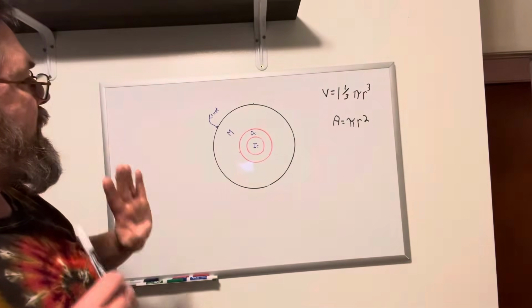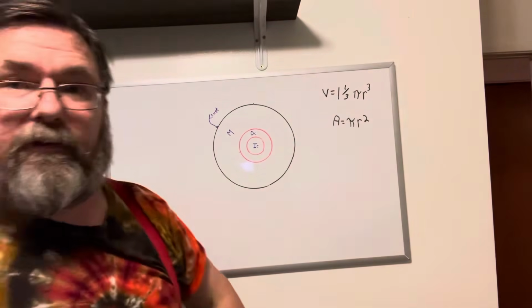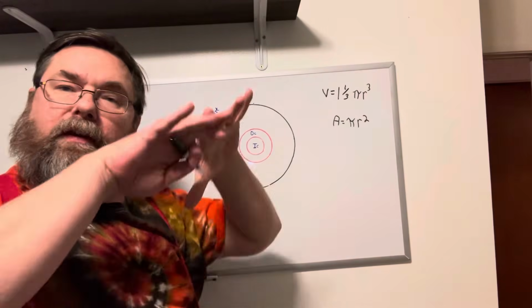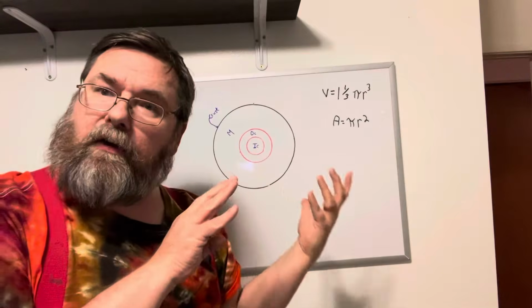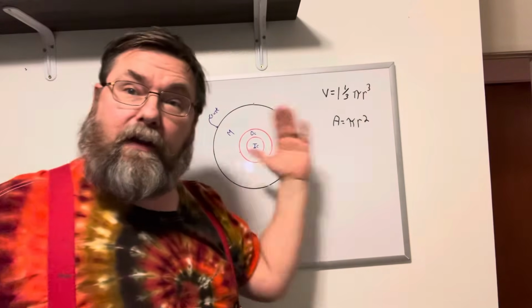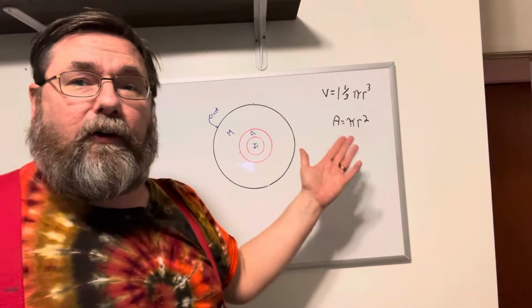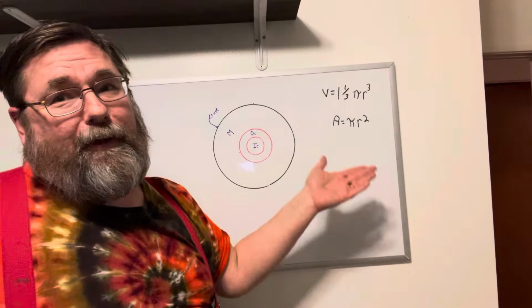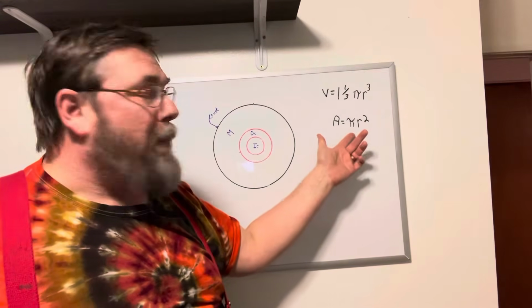Now, I just need to talk about some things here. When we see this, we often forget that Earth is essentially, for all intents and purposes, a spherical object, and we're looking at a circle here. Now, the area of a circle is pi r squared.